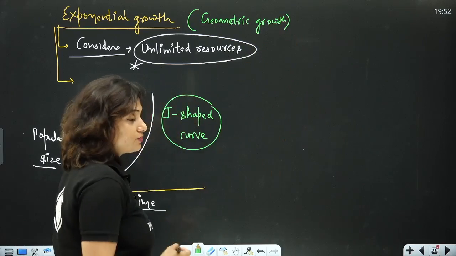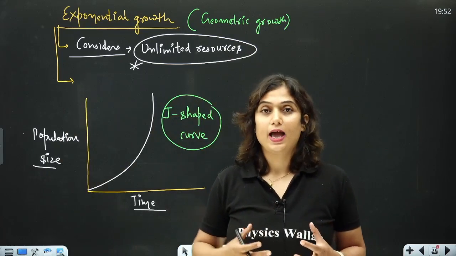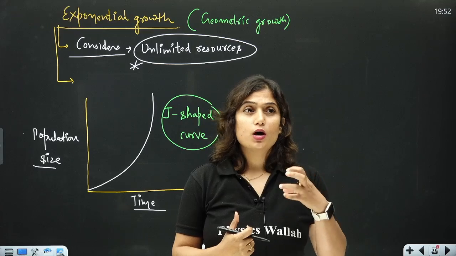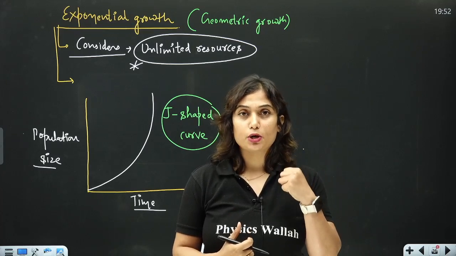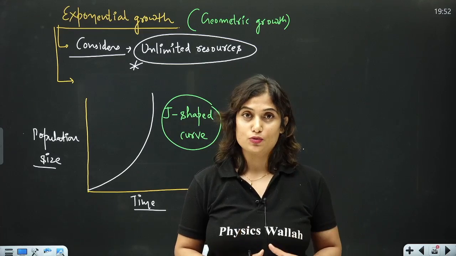So what happens, beta? Every individual has the capacity to achieve its maximum reproductive fitness if it is given all the resources.